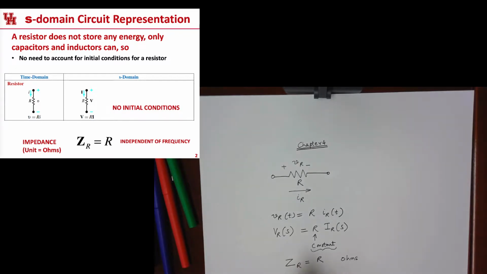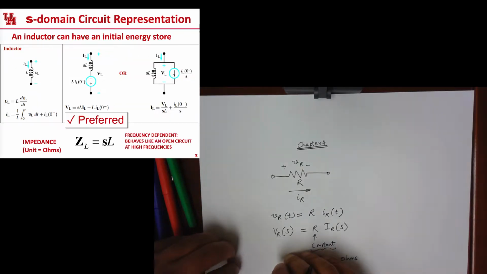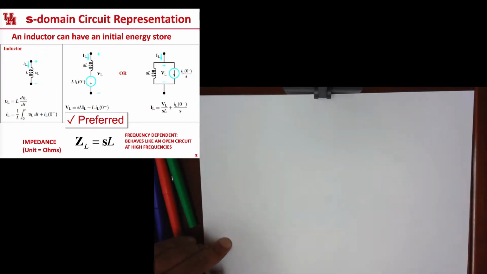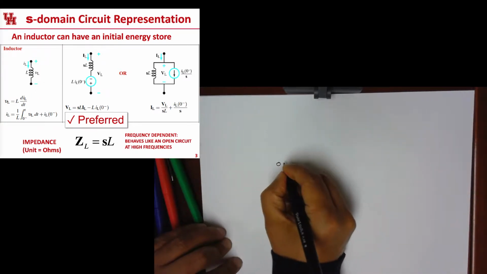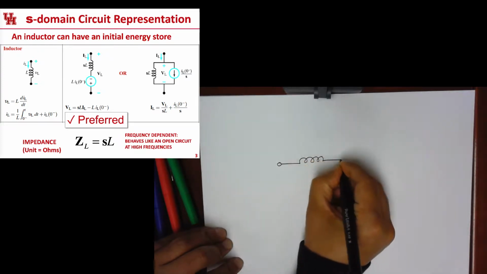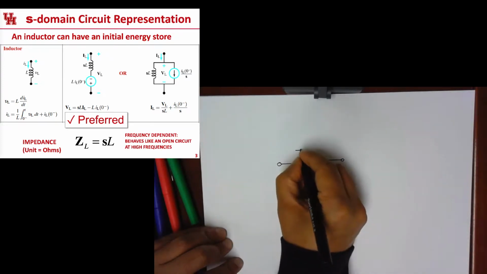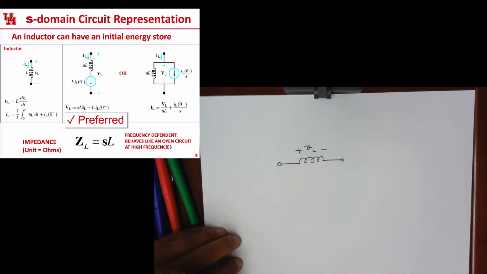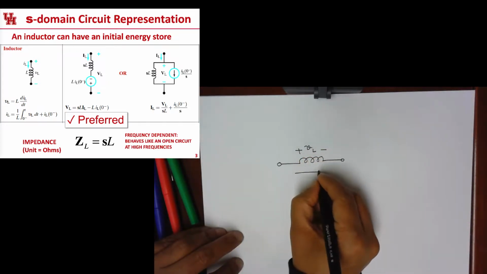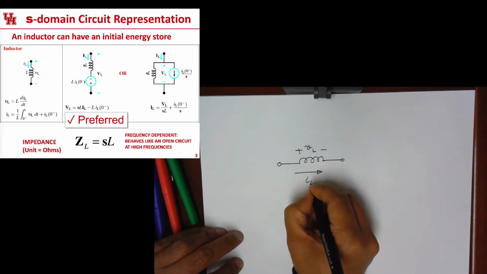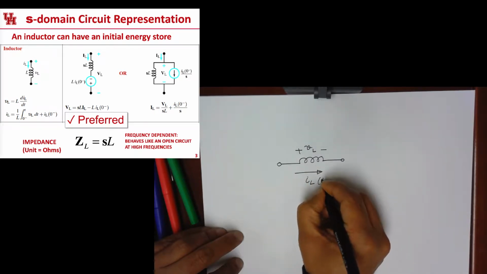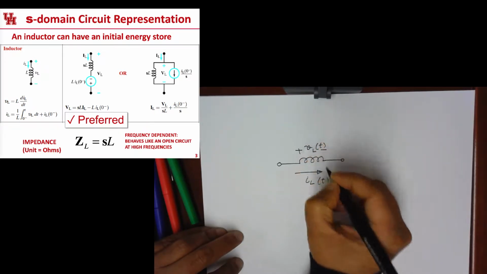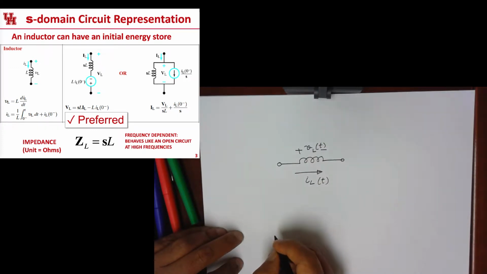Now, if we look at an inductor, it is a little bit more complex. An inductor is like a coil of wire. Suppose we denote the voltage across it as V sub L and the current through it as I sub L. Now these could be time varying quantities, V_L of t or I_L of t.